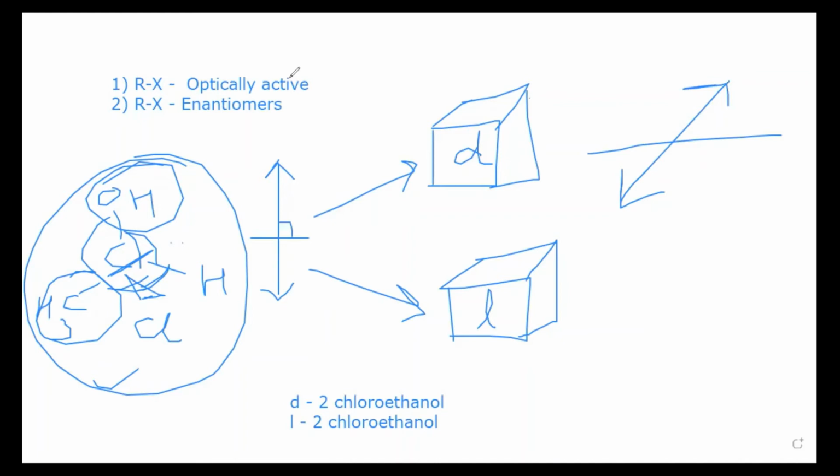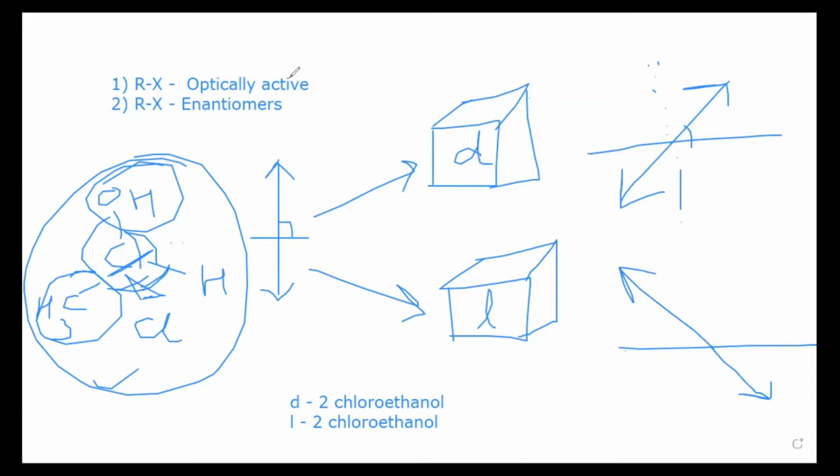Either it is less than 90 degrees or greater than 90 degrees. So if D is rotating the plane of polarized light with respect to the x-axis towards the right side, L will rotate the plane of polarized light towards the left side. It's not compulsory that D will always rotate towards the right side and L always towards the left.